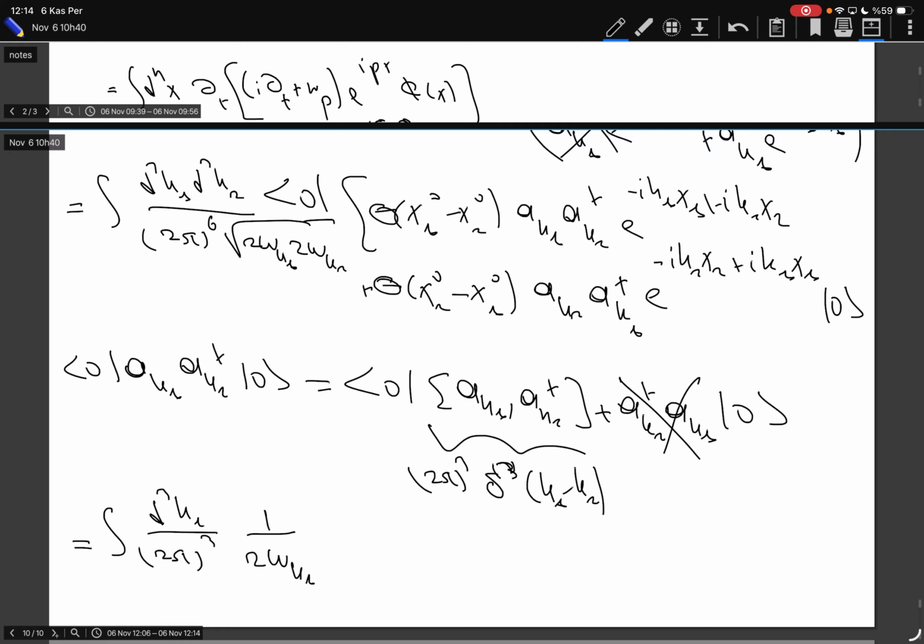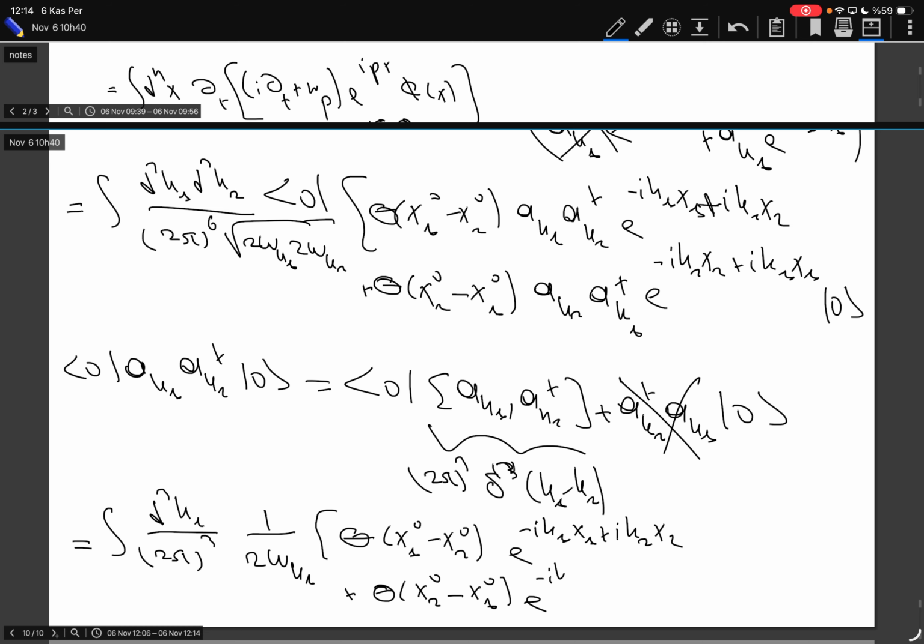And then I will have theta of x1 0 minus x2 0 e to the power minus i k1 x1 plus i k2 x2 plus theta of x2 0 minus x1 0 e to the power minus i k2 x2 plus i k1 x1.